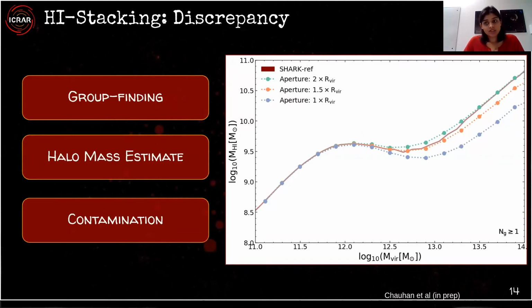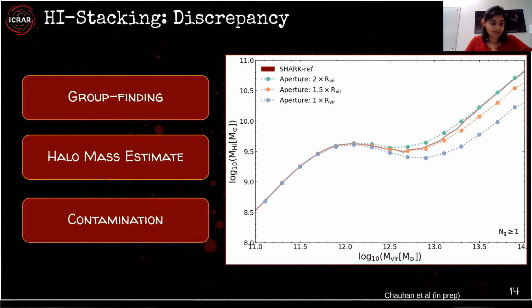The next point that we wanted to check was the halo mass estimate. So now we do the same exercise, but this time the virial radius that we're using is based on the mass estimated for those groups, and we plot against the mass of those groups. So the virial mass over here would be the one estimated for those groups using different techniques.